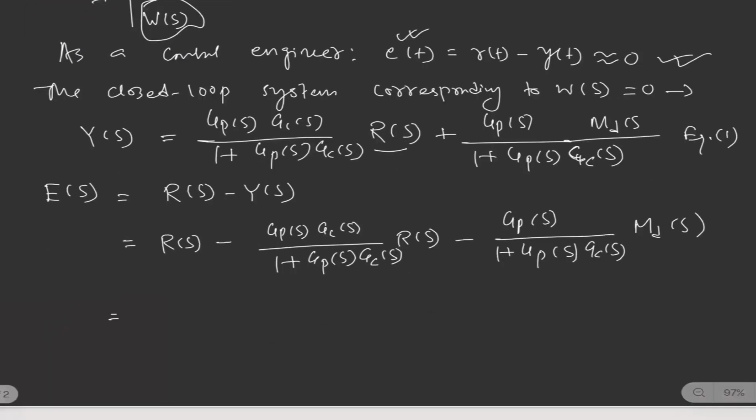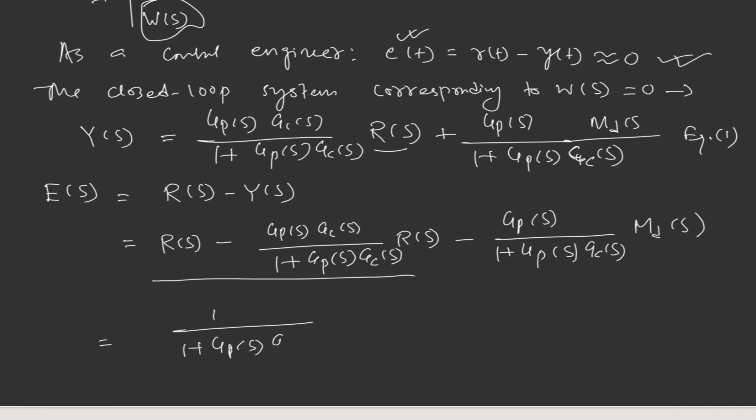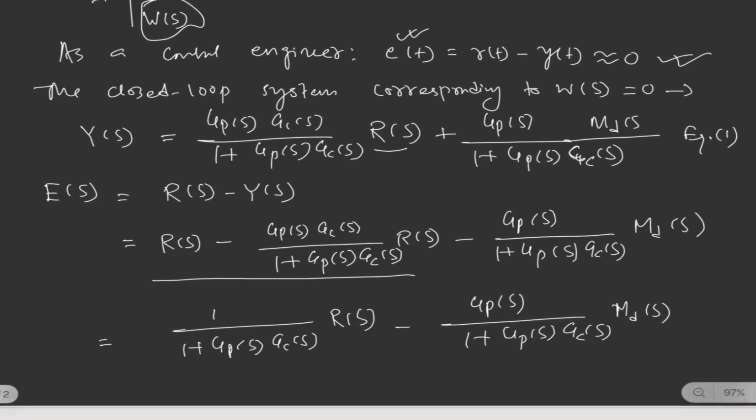Or if you combine these two terms, we can get 1 by 1 plus GP of S, GC of S, RS minus GP of S over 1 plus GP of S, GC of S, MDS. We'll first consider this term and then we'll study this term.